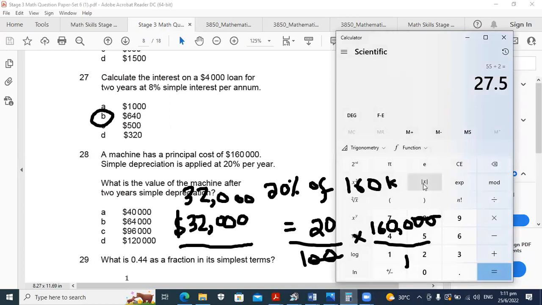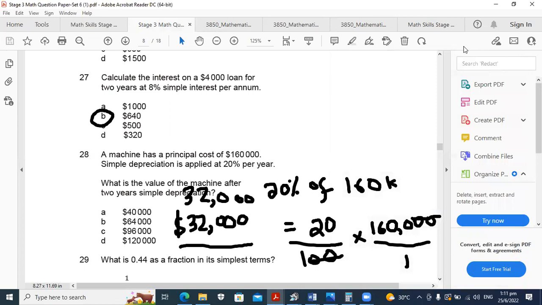You sure? It's 96,000. Okay. Follow? Right. So within the 2 years, 64,000 come off of the machine, so the value of the machine will be 64,000 from the 160 grand.